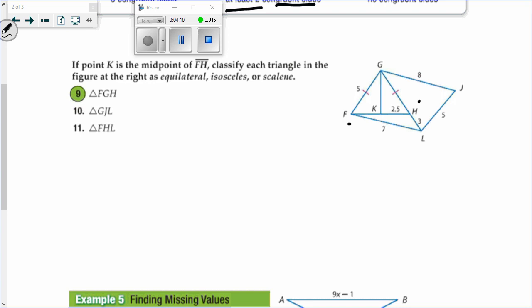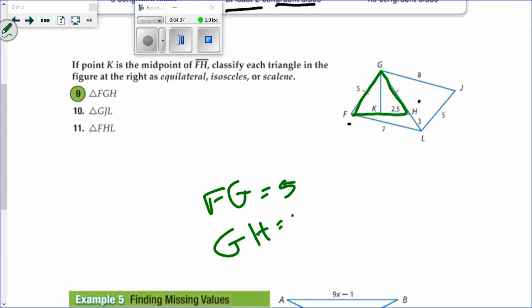Well, let's take a look. I'm going to be doing some drawing and some erasing here. So let's look at triangle FGH off the bat. I see FG is 5. Well, GH is congruent to FG, so that would mean that GH is also equal to 5.